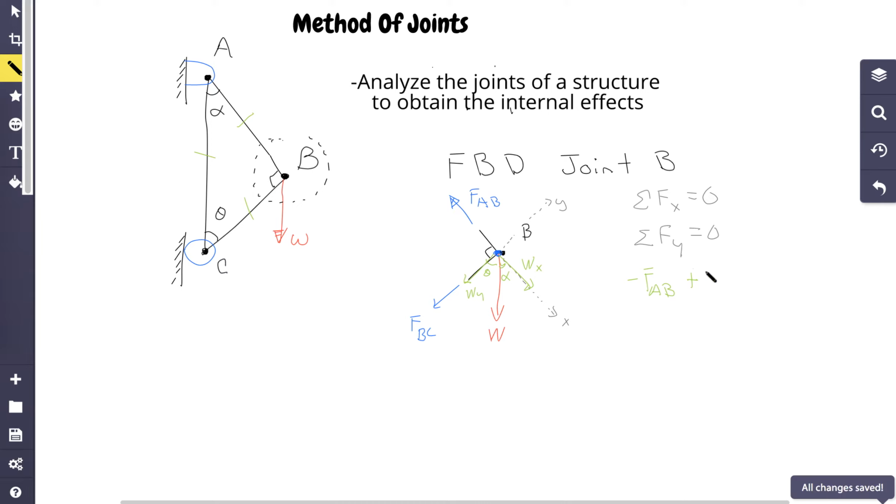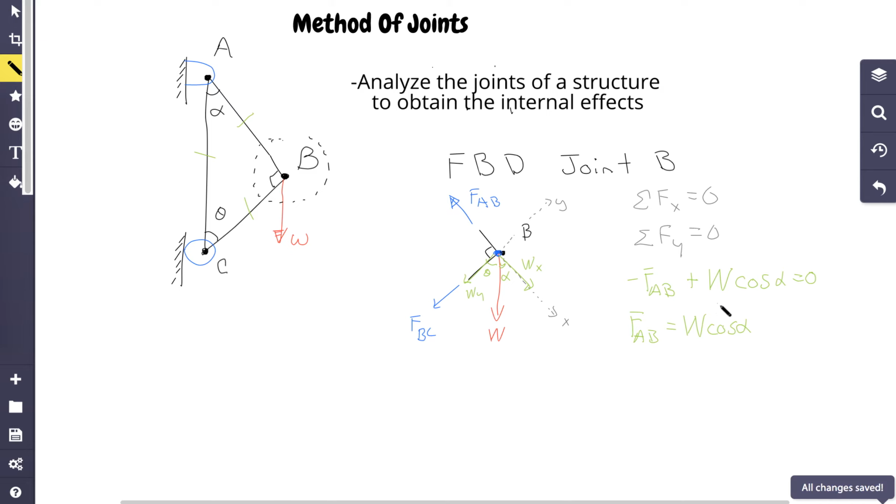And what the WX can represent is the W, and it would be the cosine of alpha. All that gets equal to 0. Nothing else is in the x direction. So with that said, we can say that FAB is equal to W, whatever it is, times the cosine of that angle.